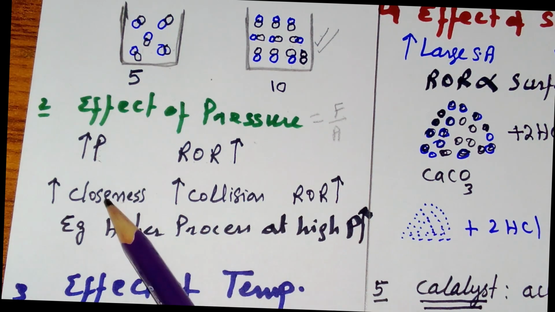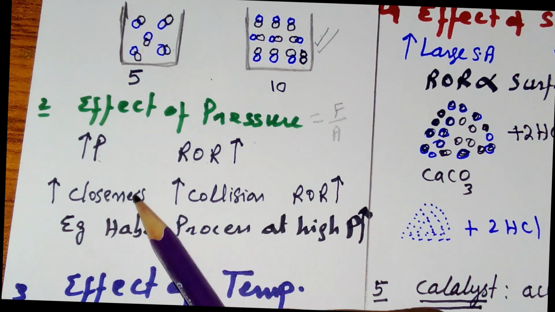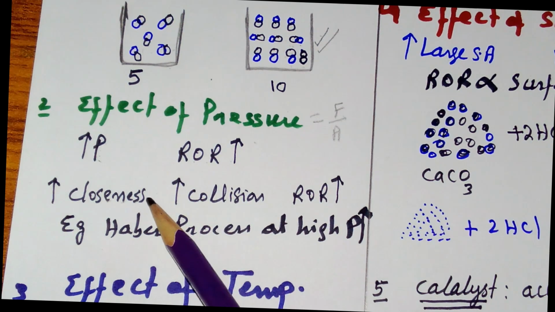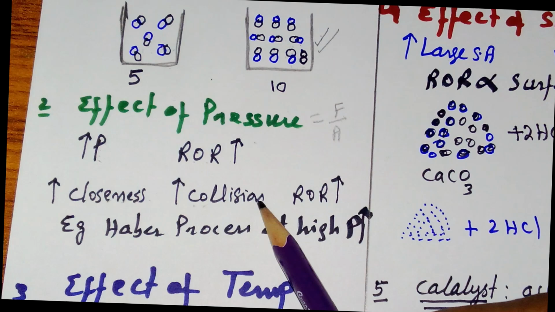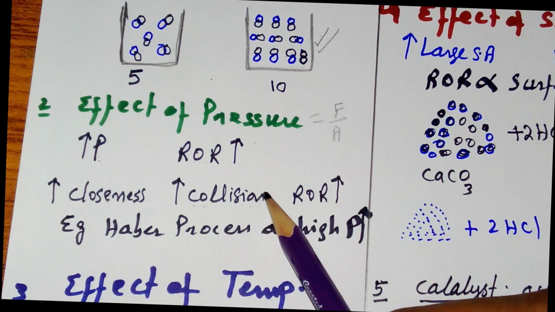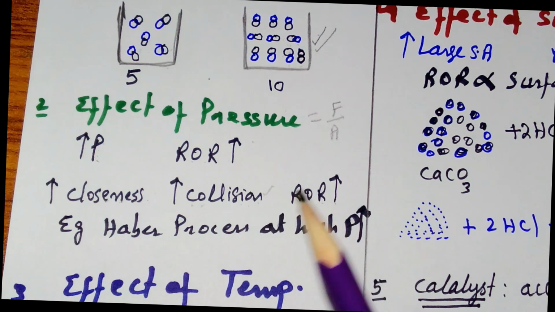So when we apply pressure, the empty spaces among the gas molecules decrease. If the empty spaces decrease, the closeness increases, and definitely the closeness brings strong collisions among the molecules. So there will be more collisions among the molecules.